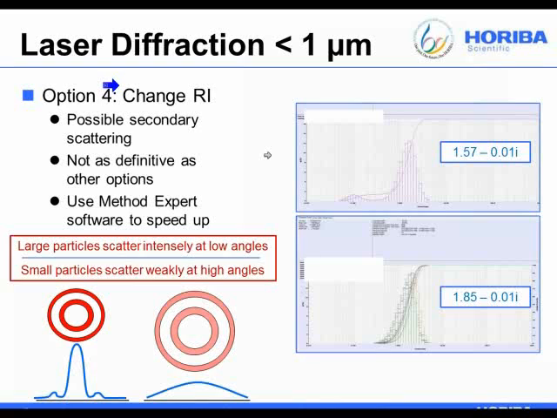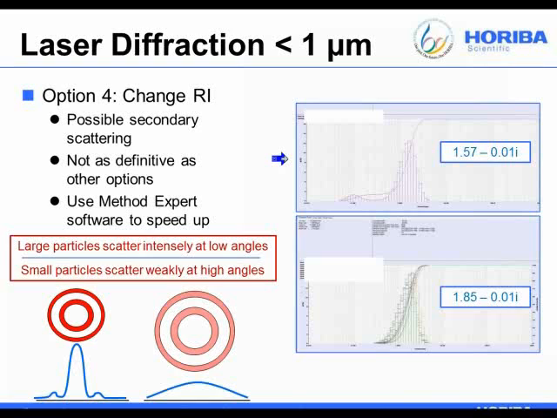For the LA950 and most of the LA series from HORIBA, that critical diameter is about 25 microns. So if your distribution is entirely larger than 25 microns, then you don't have to worry about refractive index, because the scattering algorithm at that point reduces to just the Fraunhofer approximation.